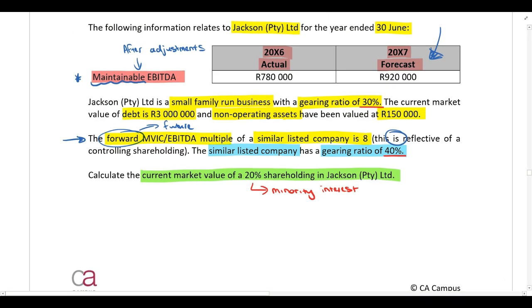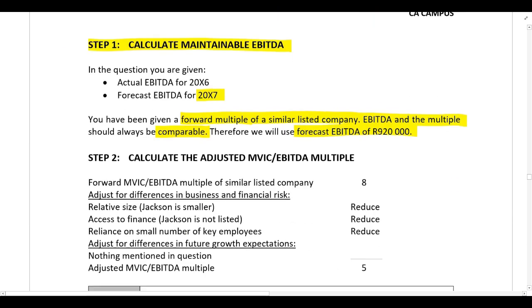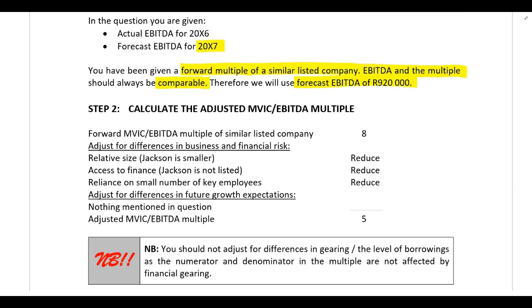Jackson Pty Limited has 30% debt in their capital structure, whereas the similar listed company has 40%. But we are not going to adjust for that difference because we are working with earnings before interest, tax, depreciation, and amortization. In this example, we don't need to calculate the multiple because we were given the multiple of a similar listed company. So that is the starting point in my calculation.